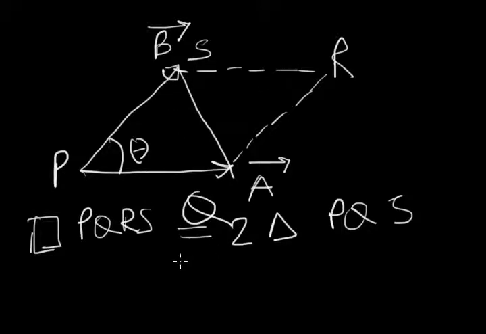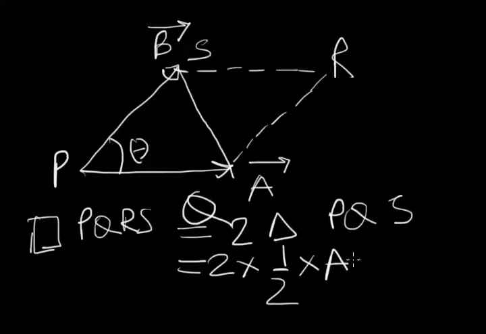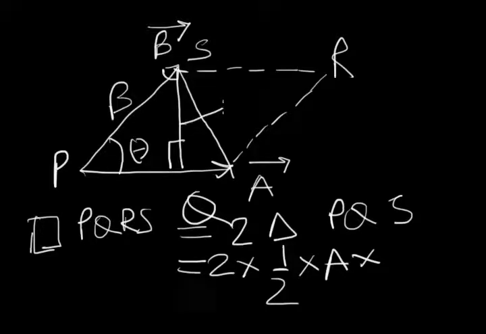Once we have that, you can see the area of the triangle is nothing but half into base into altitude. Now the base is nothing but A, so we put it as A, but the altitude, as you can see, is this one. If this is 90 degrees, this is B, and this is theta, then surely the altitude is nothing but B sine theta.